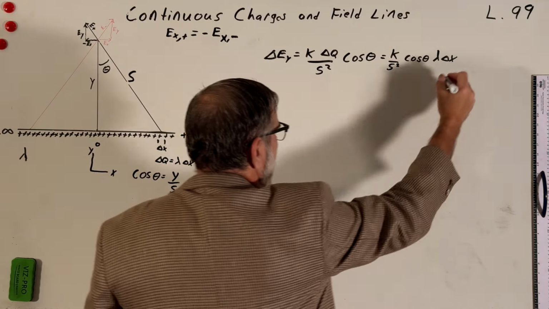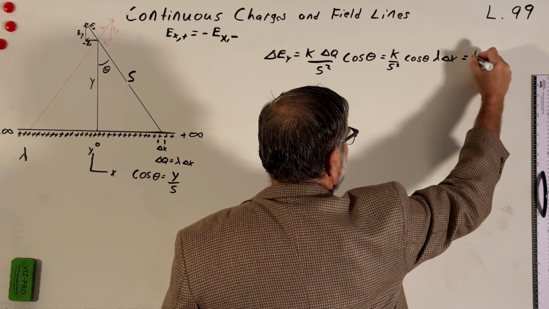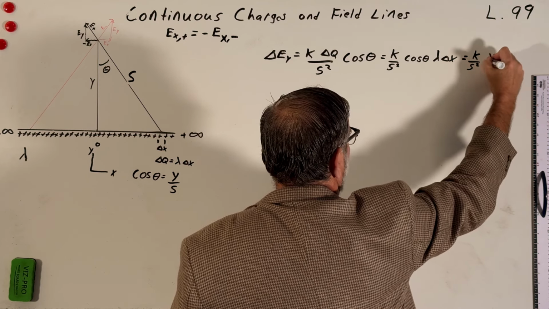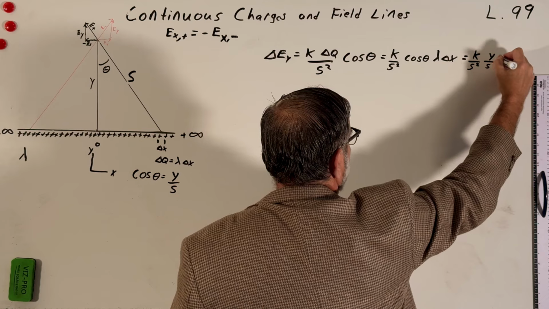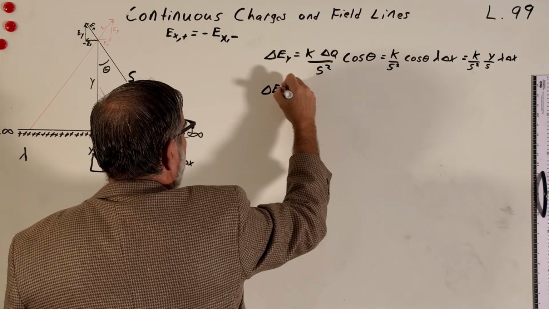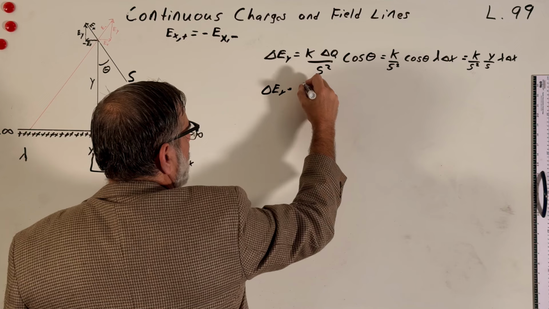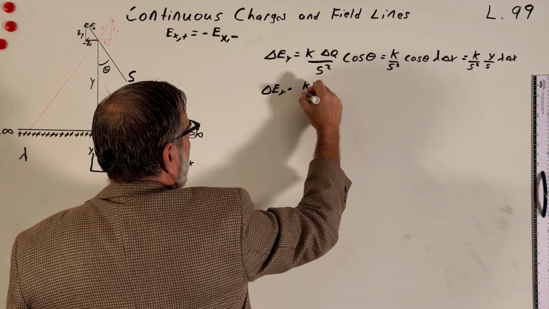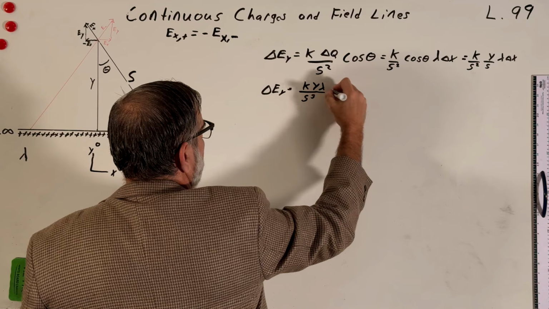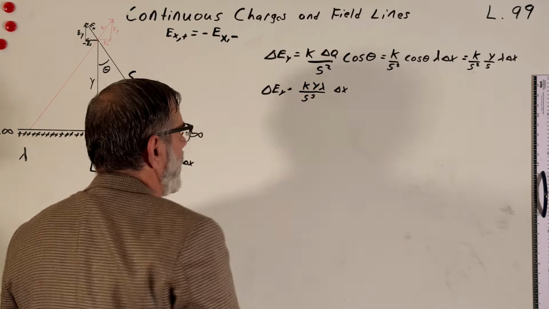So if I substitute that in, right, that's k over s squared times y over s times lambda times delta x. And so finally I get that delta E sub y is equal to k y over s cubed times lambda times delta x. Okay?